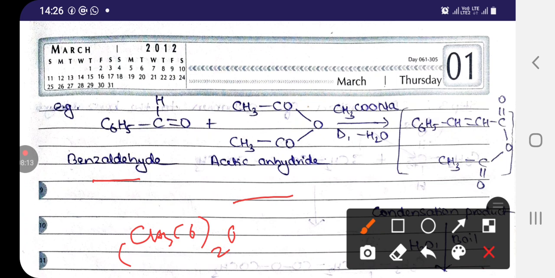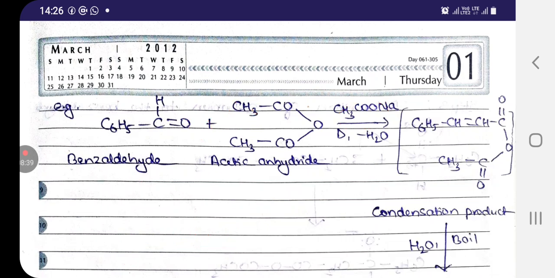The reaction is carried out in presence of sodium acetate, and what happens is from this CH3 part, two hydrogen atoms are removed, which interact with oxygen and form water. This is that water removing out, and addition product is obtained.